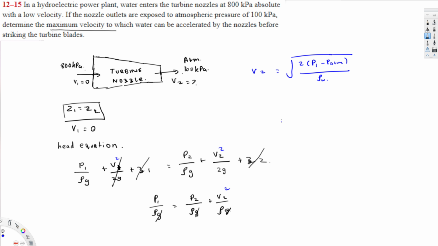So we have all the information right now. Let's plug in all the values. Square root of 2 times P1, this is 800 kilopascal, minus 100 kilopascal, divided by 1000 kilogram per meter cubed, the density of the water.